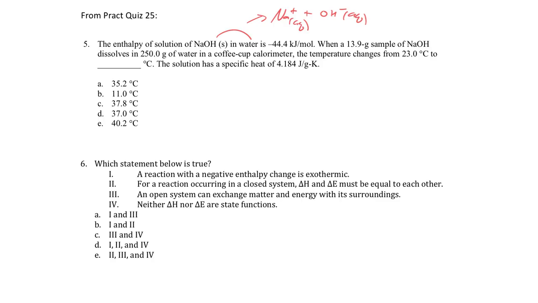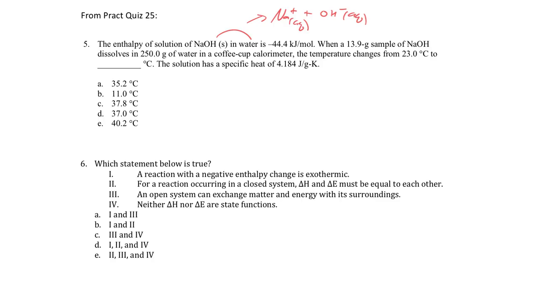It would be perfect to do it in a Stanley or a nice container like this that's relatively insulated, so all the heat change is confined to the container. The temperature changes initially from 23 degrees to what temperature? We're trying to figure out what temperature the water changes to by this reaction taking place in it.